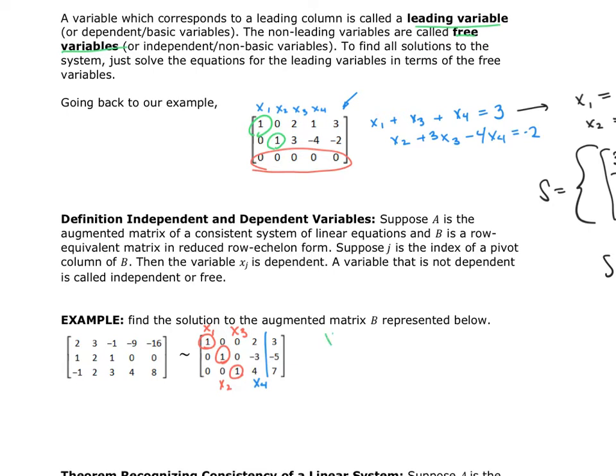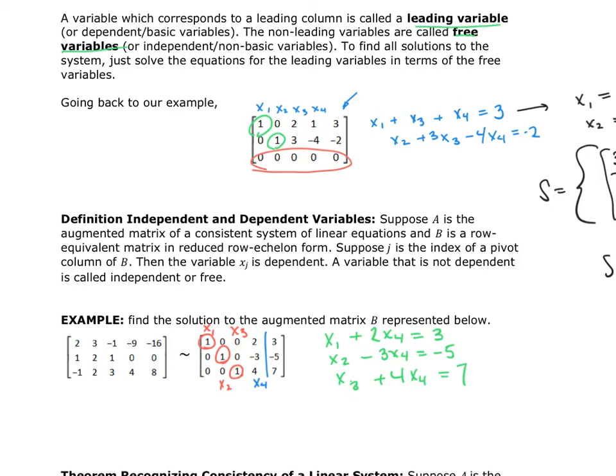I have x sub 1 from the first row plus 2x sub 4 is equal to 3. My second row is x sub 2 minus 3x sub 4 is equal to negative 5. And my third row is x sub 3 plus 4x sub 4 is equal to 7.